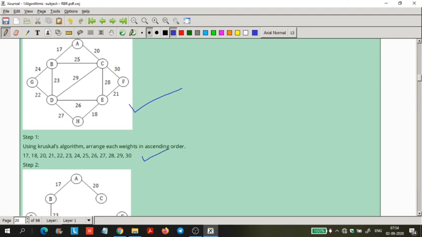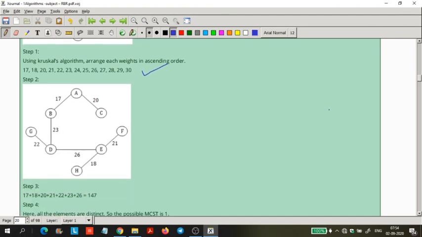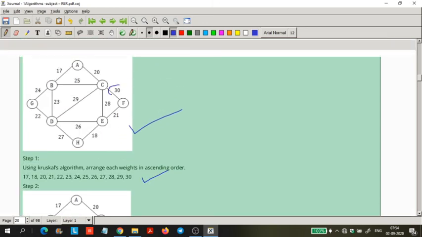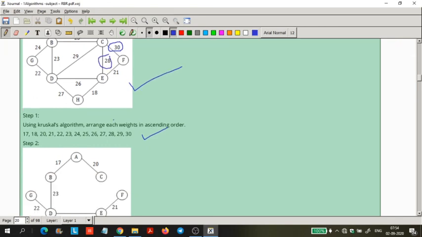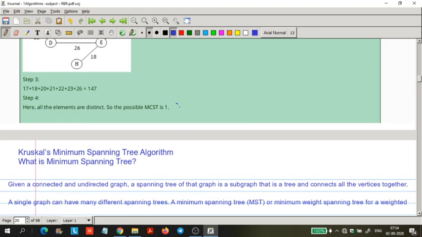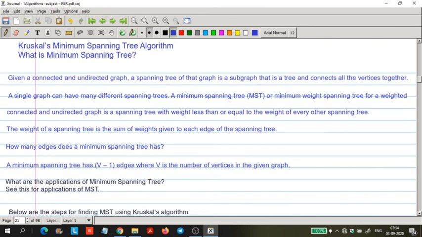In Kruskal, all the weights are arranged in ascending order, and in step 2, any edge that forms a cycle is removed. With unique weights, the addition is 147. Here all the elements are distinct. So this is Kruskal's minimum spanning tree algorithm.